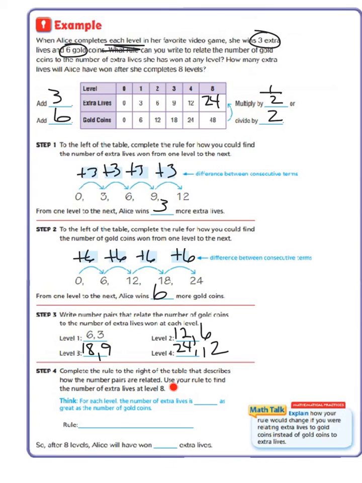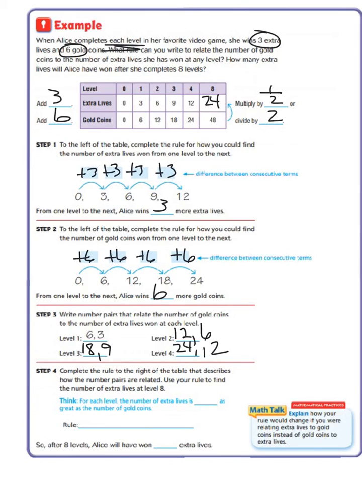So now step 4 says to complete the rule to the right of the table that describes how the number pairs are related. Use your rule to find the number of extra lives at level 8. So think to yourself, for each level, the number of extra lives is blank as great as the number of gold coins. We have 3 and 6, and we know that 3 is half of 6. We have 6 and 12, and 6 is half of 12. We have 9 and 18, and 9 is half of 18.